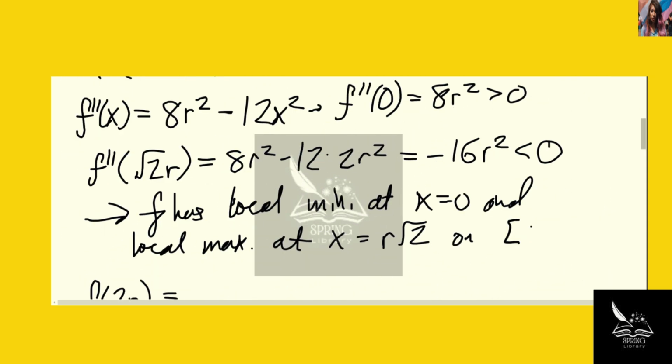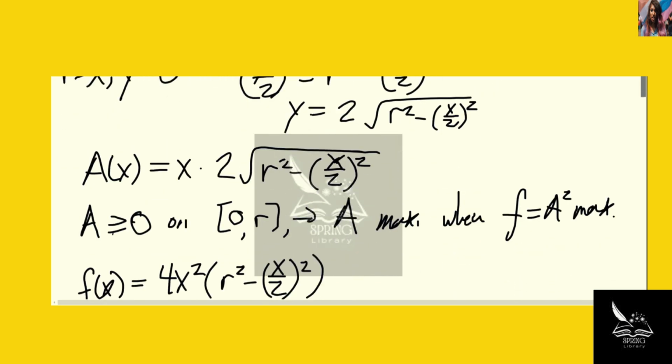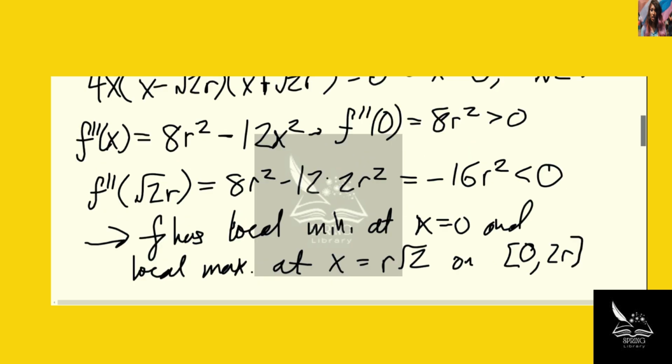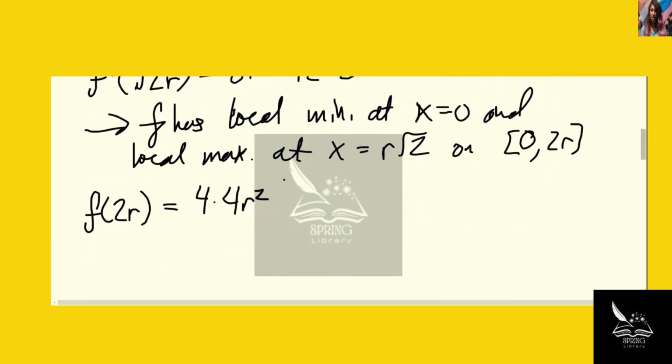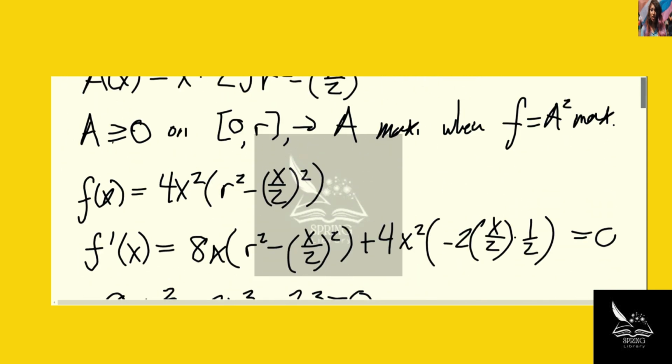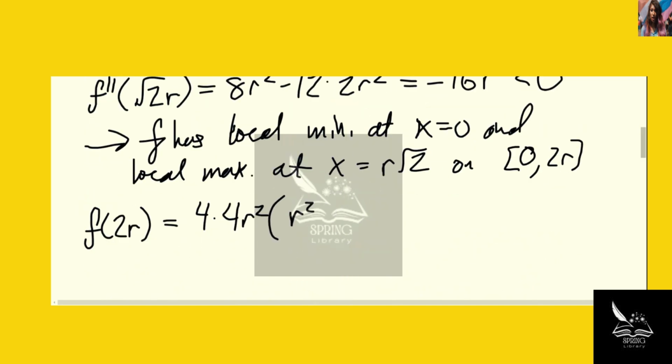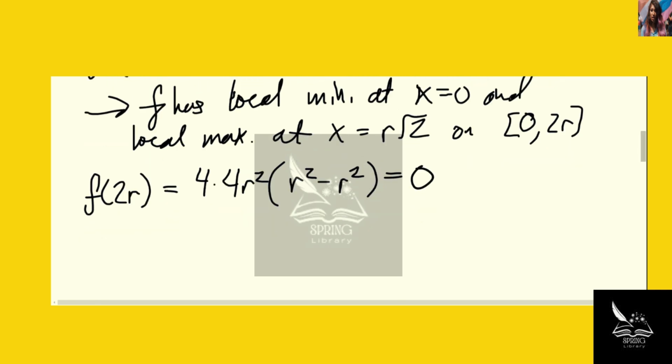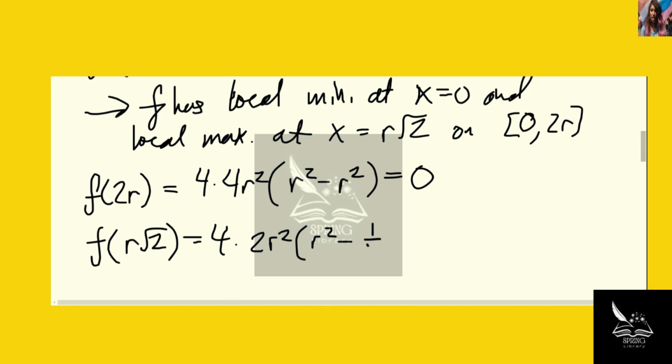So this is on 0 to 2r. f of 2r is 4 times 4r squared times (r squared minus r squared), which is 0, while f of r root 2 is 4 times 2r squared times (r squared minus (root 2 r over 2) squared), which is 1/2 r squared.